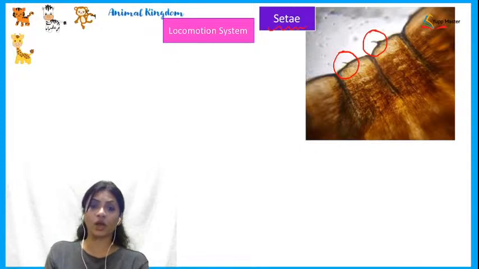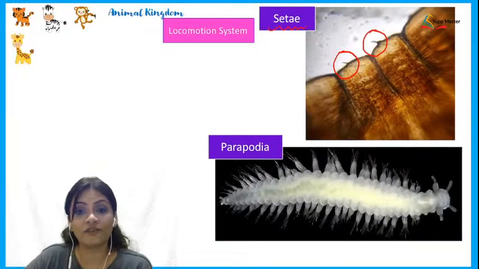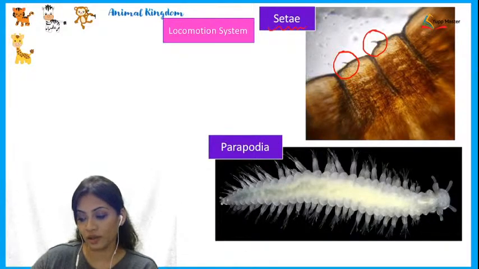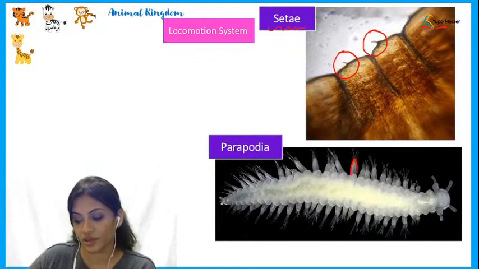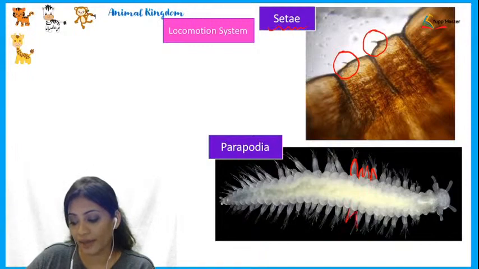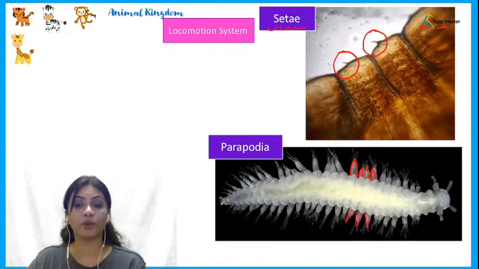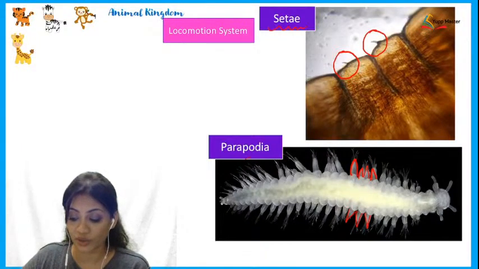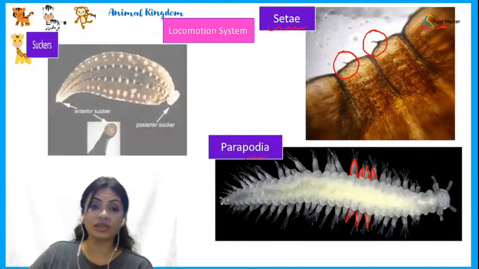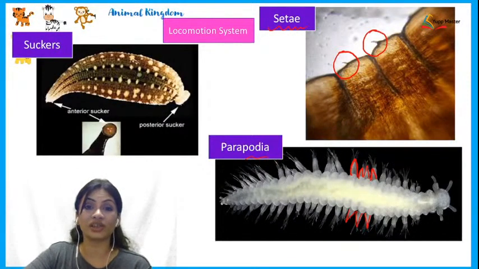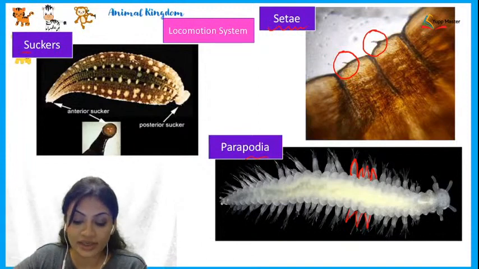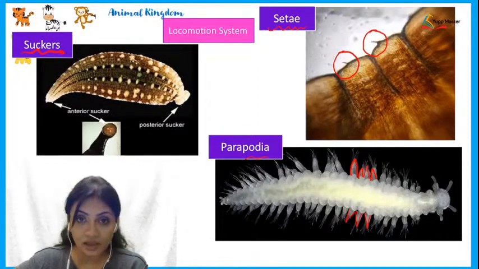Some annelids along with setae also have parapodia. Alright, so here in this annelid, this part that you're seeing here that I'm just highlighting with red, these are the parapodia present. Alright, so poda stands for legs, so these are parapodia. Alright, also there may be the presence of certain apparatus which are called suckers. Alright, where are suckers present?